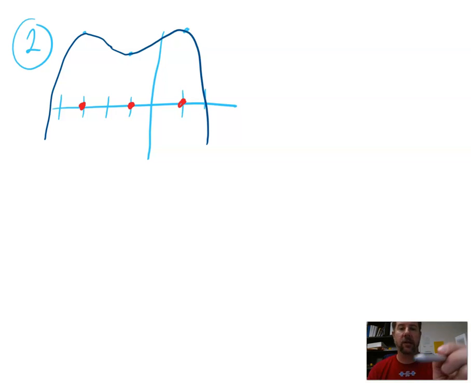So maybe my derivative is going to start over here at a large positive number, and it's going to come down, getting smaller, smaller, smaller till it gets to 0. And then here it's negative, a small negative, getting bigger negative, but then getting smaller negative again.